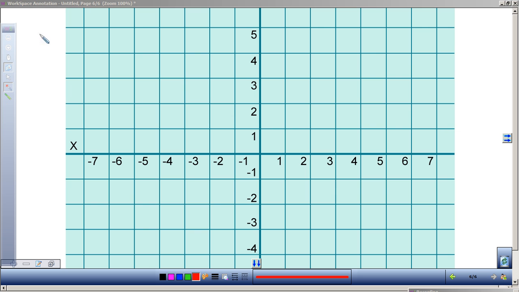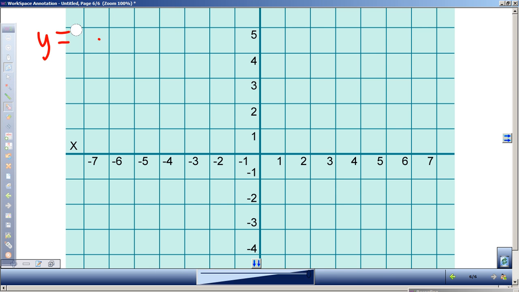And let's see, if I do y equals x squared minus 2x plus 1. What's this graph going to look like? First, what shape is it? Parabola. How is it shifted?